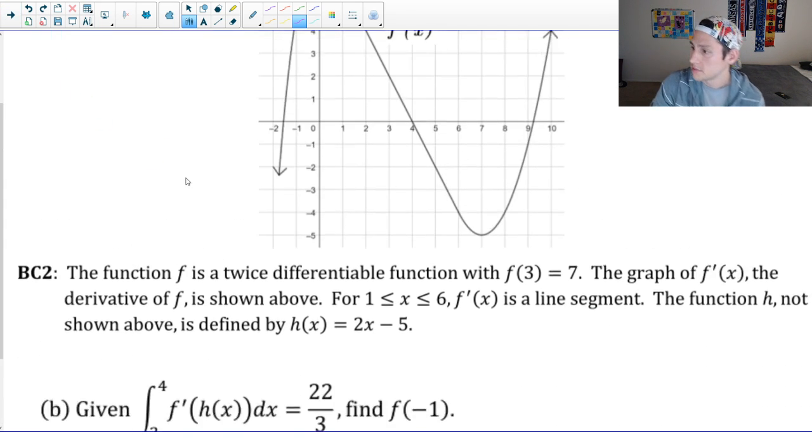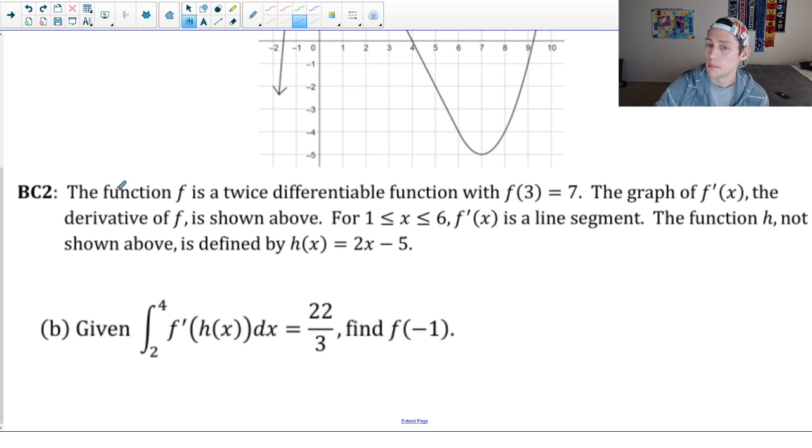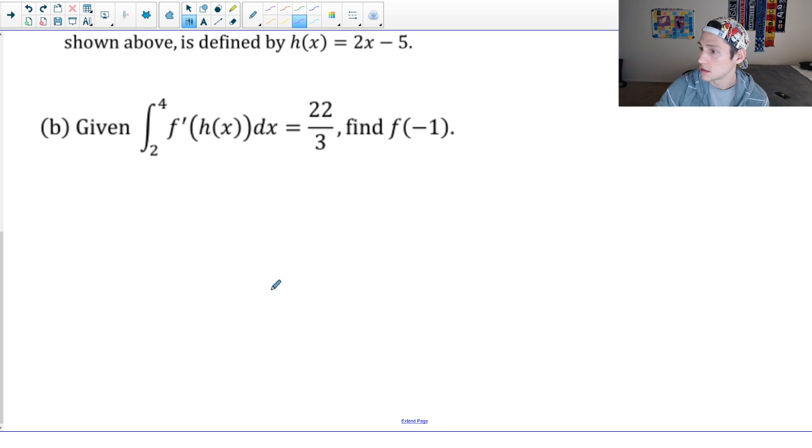All right, part B. Same setup, but part B now asks, given that the integral from 2 to 4 of f prime of h of x is 22/3, find f of -1. Interesting. Okay.